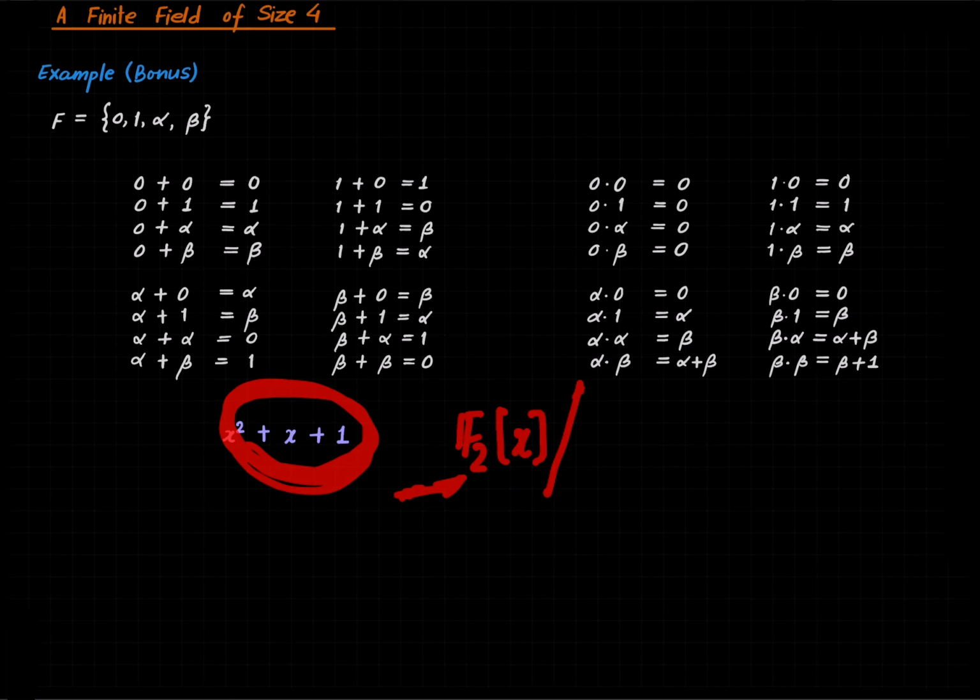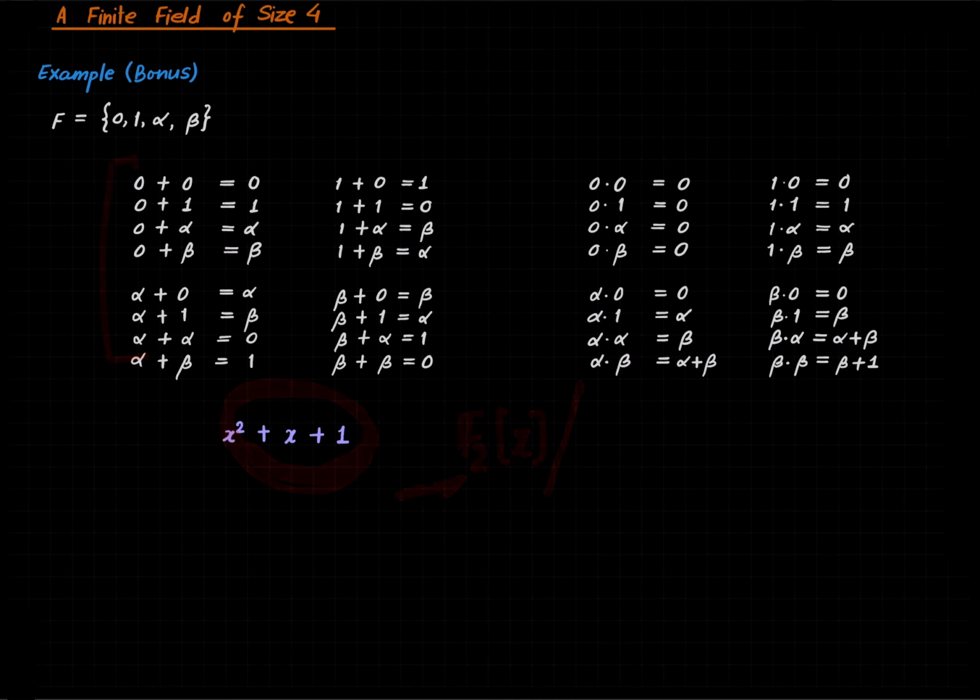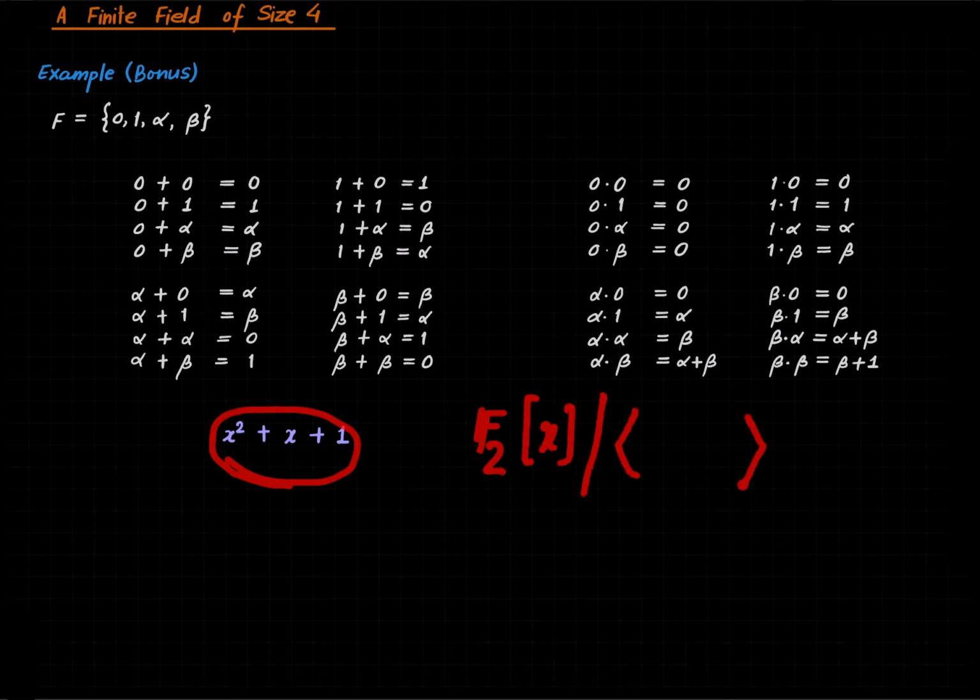I'm not assuming that you do, but I'm just trying to explain where all this comes about. So the fact that this is a degree 2 irreducible polynomial and the fact that f2 has size 2 means that the quotiented object has size 2 to the power 2. Okay? And that's how this example was constructed.